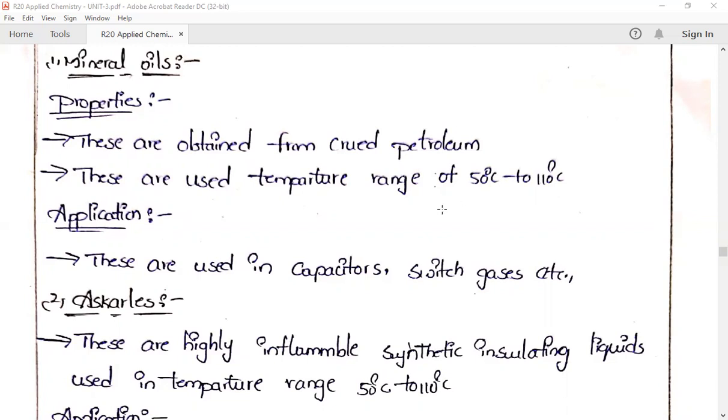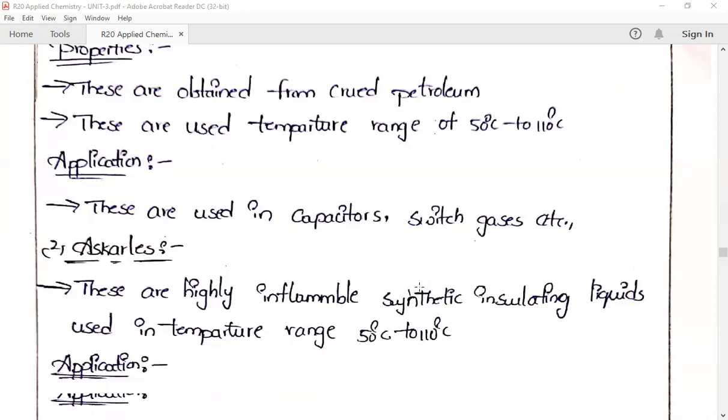Coming to the applications of mineral oils, they find extensive application as insulating oil in cables, capacitors, transformers, and switchgears.